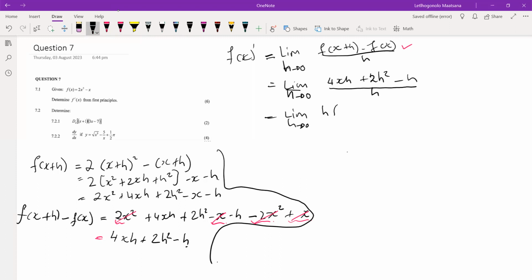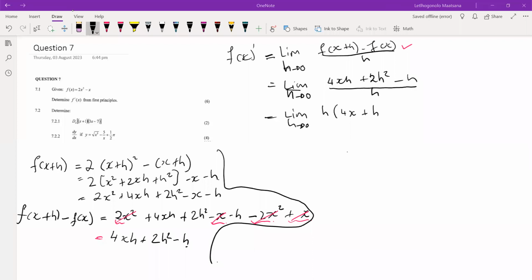So we have h(4x + 2h − 1) over h. These two h's will cancel each other out. Then we only have the limit as h approaches 0 of 4x + 2h − 1.